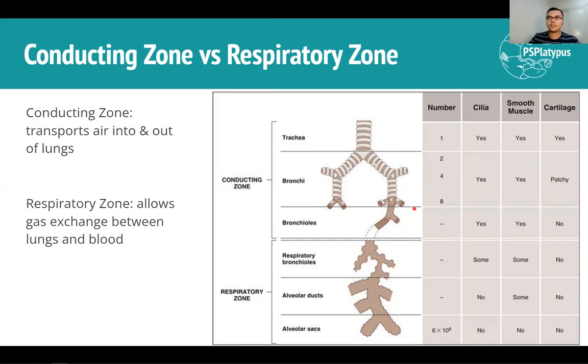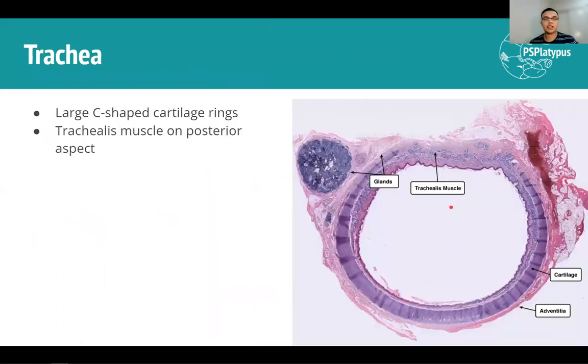Let's have a look at the very top of the airway, which starts off with the trachea. The trachea is the part of the airway that sits in your neck, and you can tell what it is histologically, usually from the large C-shaped rings that you can see on histology, which mark the cartilaginous rings you can feel even if you palpate your trachea.